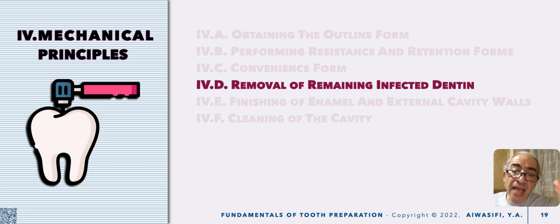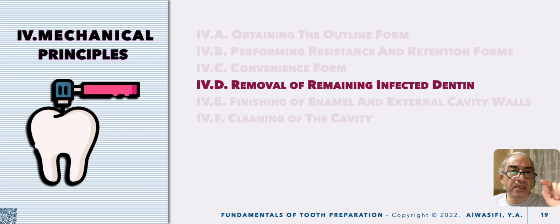Actually, I would also like to comment on the terminology infected. Previously this step number 4 was termed removal of remaining carious dentine. Now it is removal of remaining infected dentine.